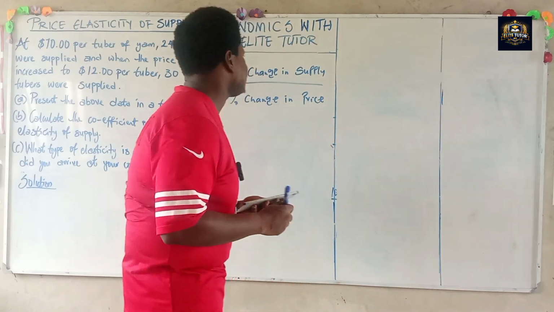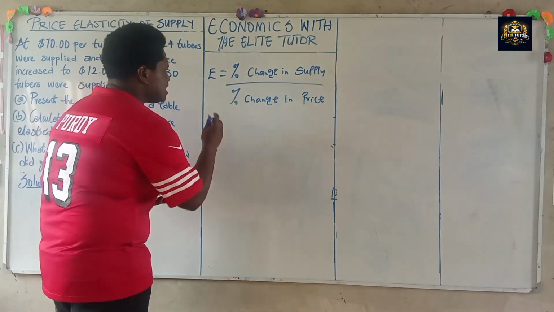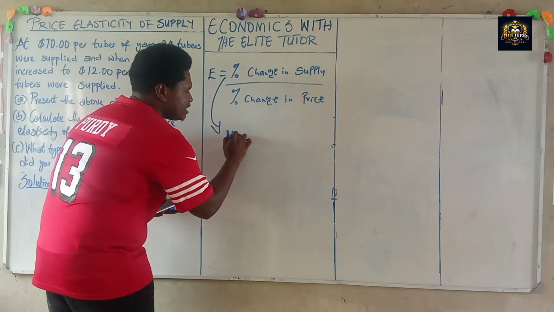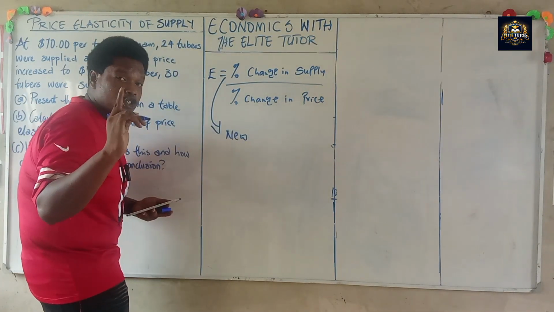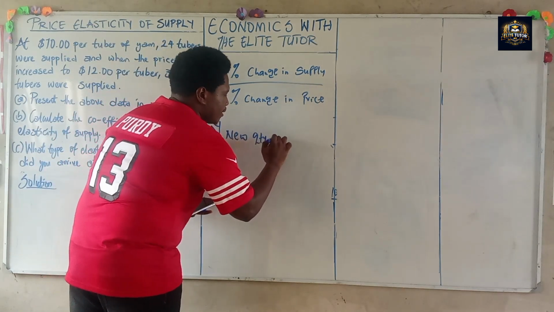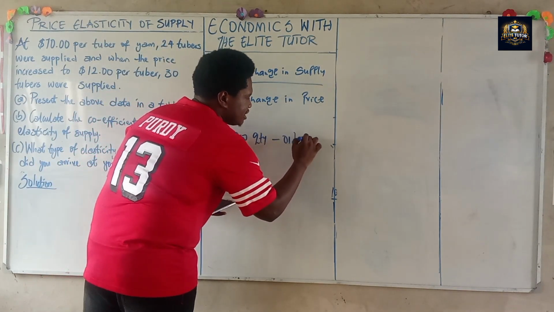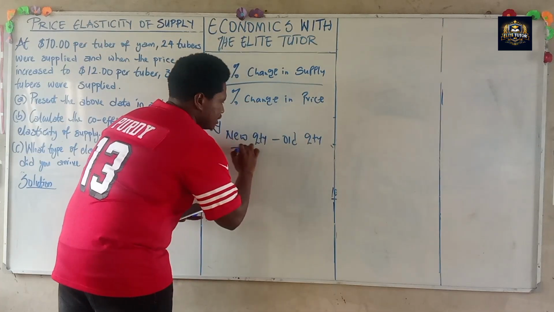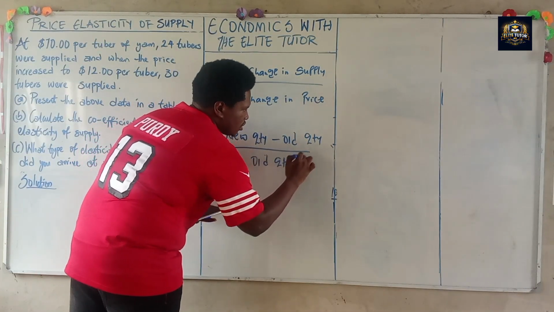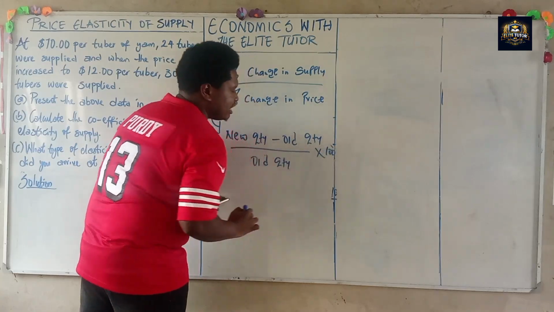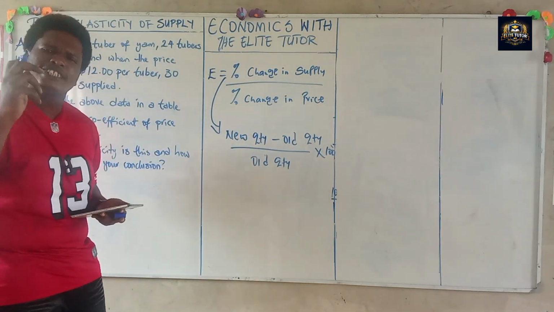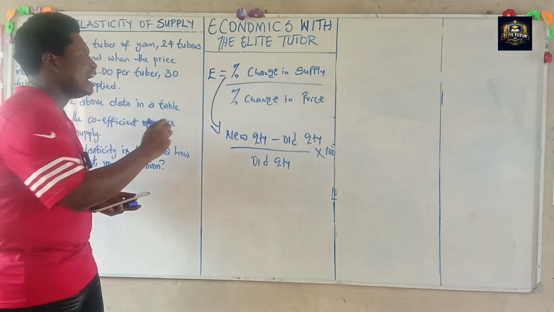Now, I'm going to write that. For our percentage change in quantity supplied, permit me to use QTY for quantity: new QTY minus old QTY, divided by old QTY, multiplied by 100. This is the formula for solving our percentage change in quantity supplied.